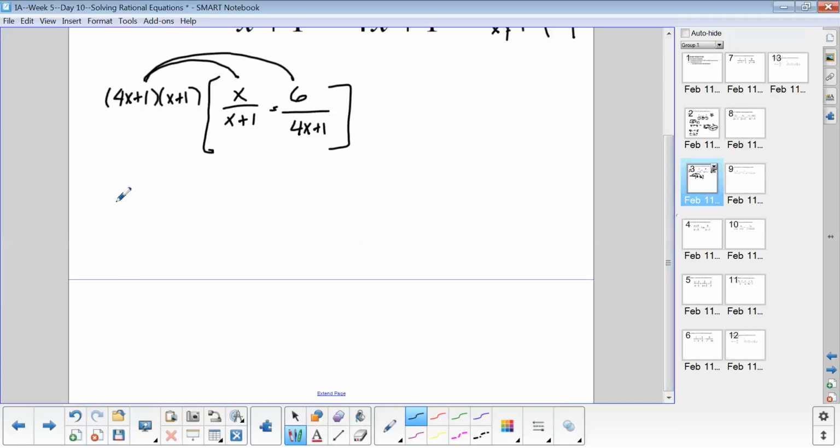and I'm going to rewrite it just so that we can see what will divide out. So this will be 4x plus 1 times x plus 1 times the term, which is x divided by x plus 1, is equal to 4x plus 1 times x plus 1 times the term, 6 divided by 4x plus 1.